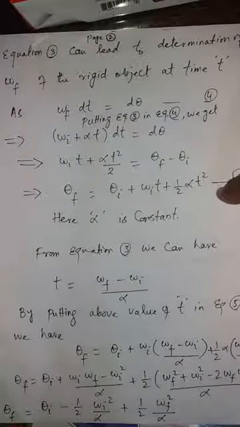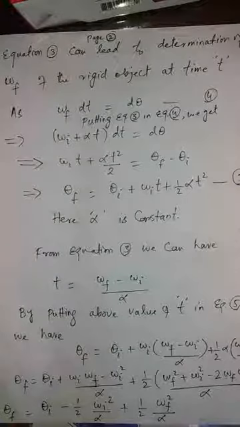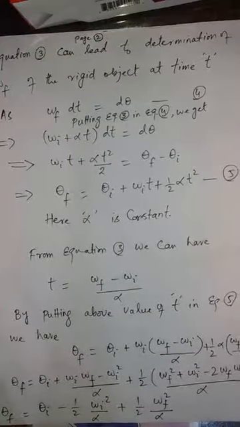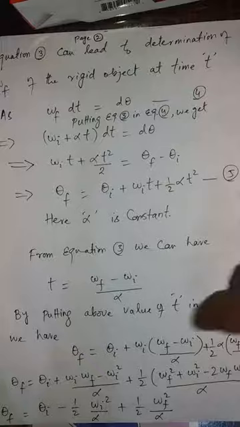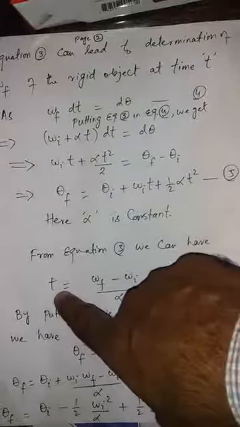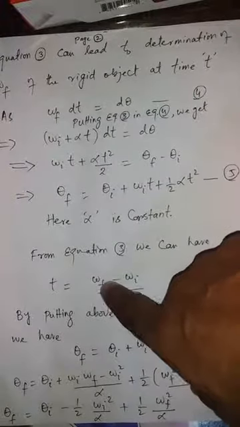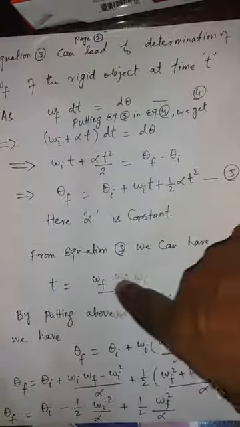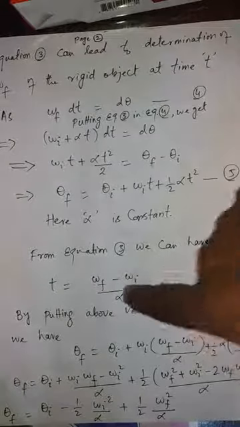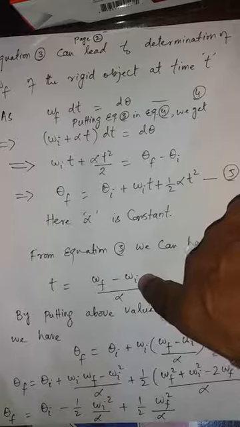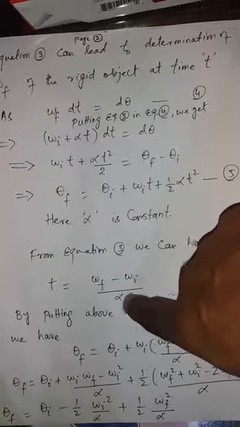From our equation 3, we can express the time as the difference in two angular velocities, omega f minus omega i, over alpha.